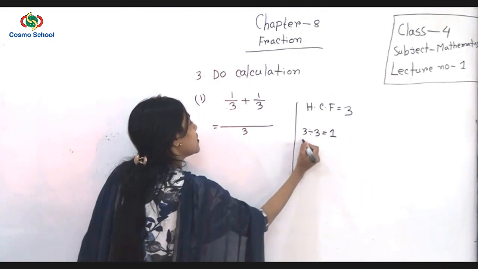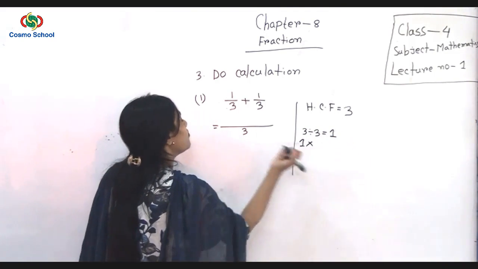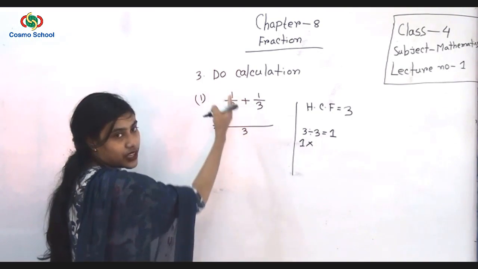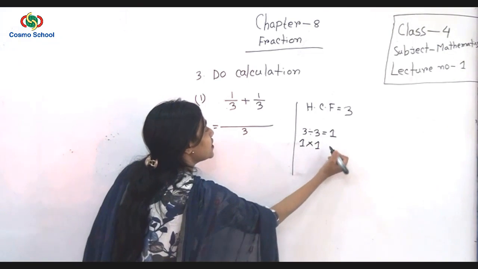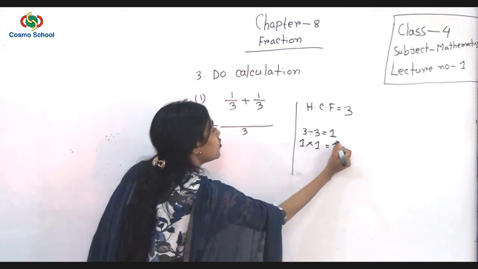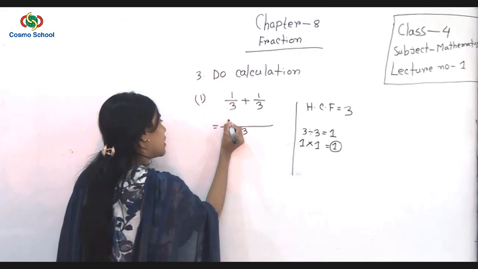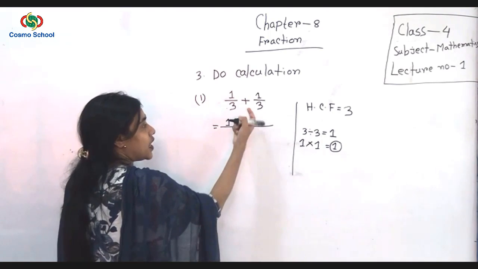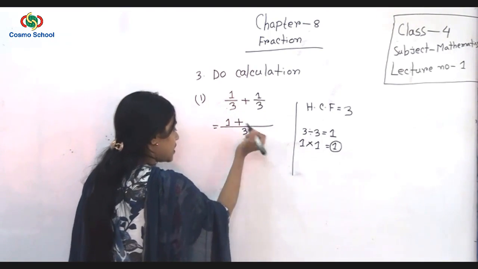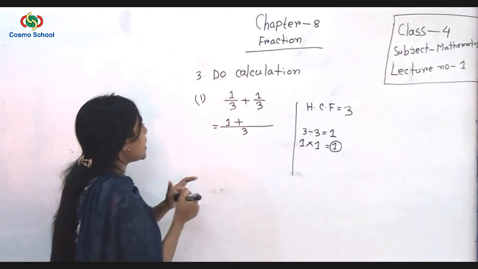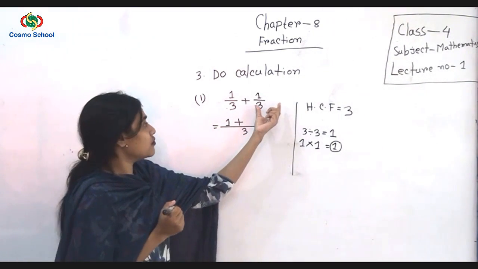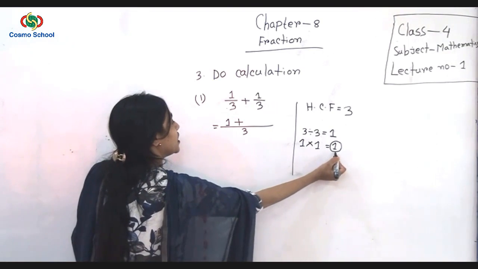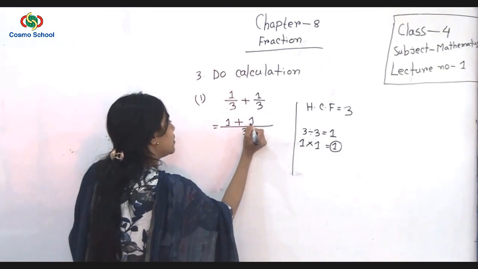This result is multiplying by the first fraction's numerator, and I get this result. Put this result in here and then put addition sign. Same way I use for the second fraction, and I get the result 1.